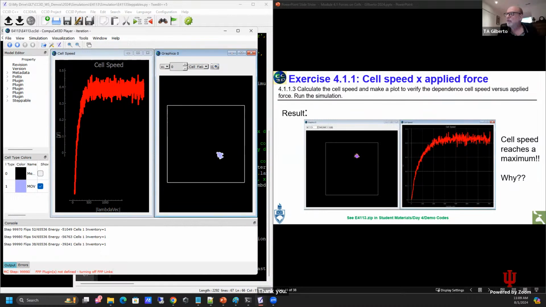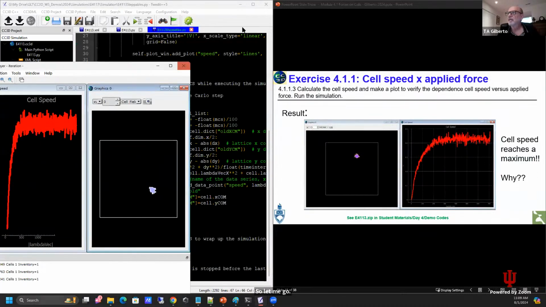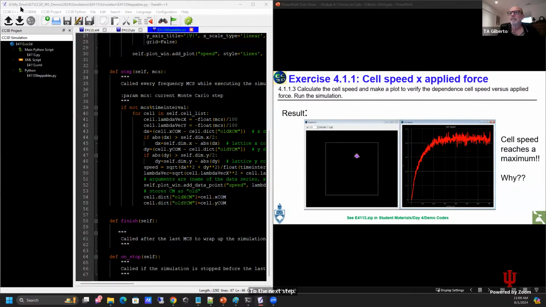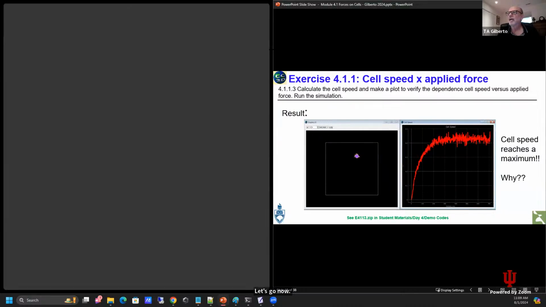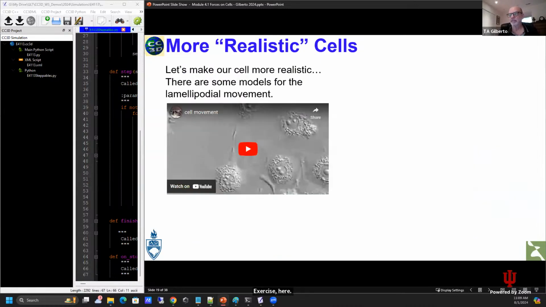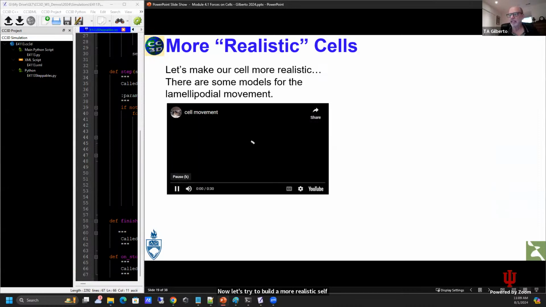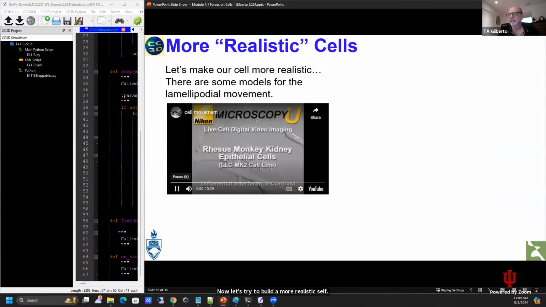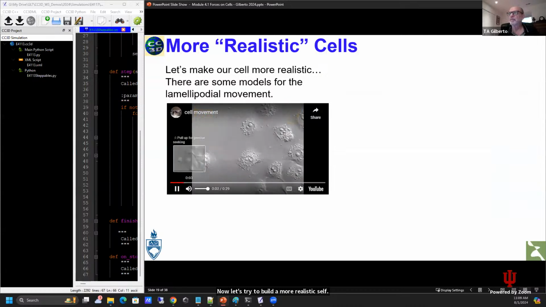So let me go ahead to the next step. Let's go now to the next exercise here. Now let's try to build a more realistic cell. These cells like that show lamellipodium movement.